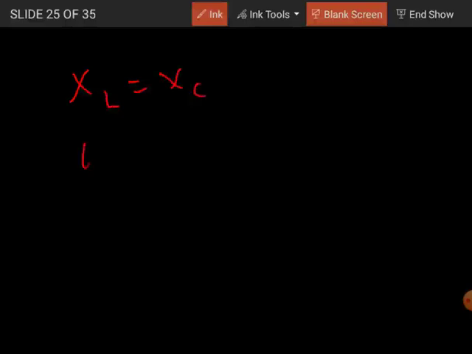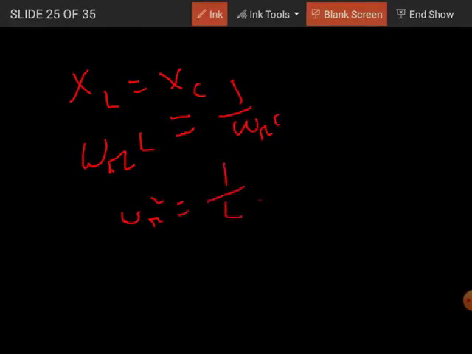So if you are trying to express it with angular frequency, omega L will be equal to XL, that is your inductive reactance, and your capacitive reactance XC will be equal to 1 by omega C. So omega R square will be equal to 1 by LC.